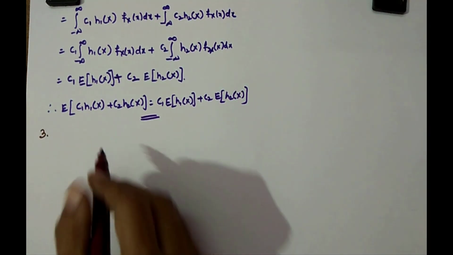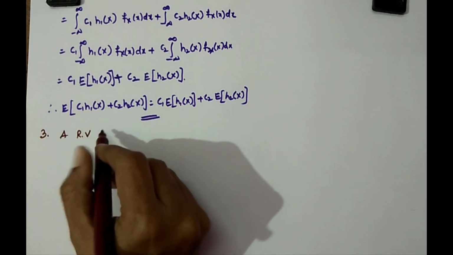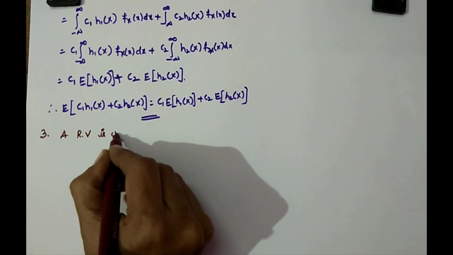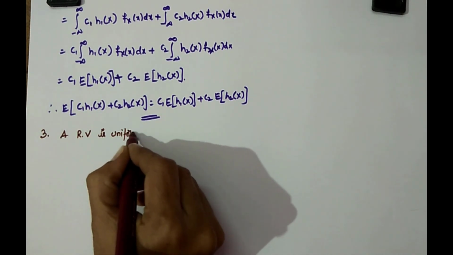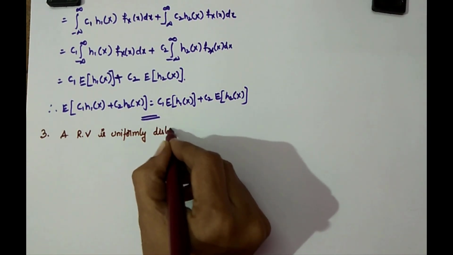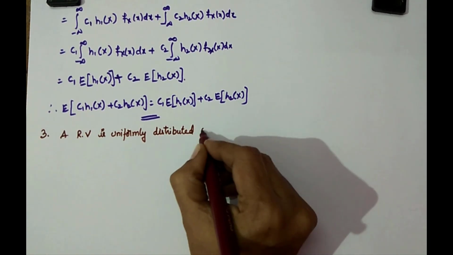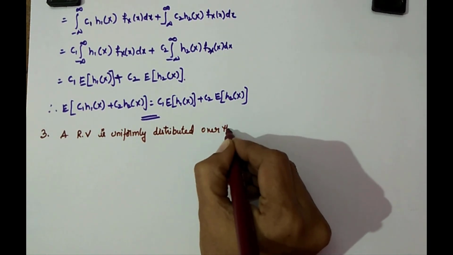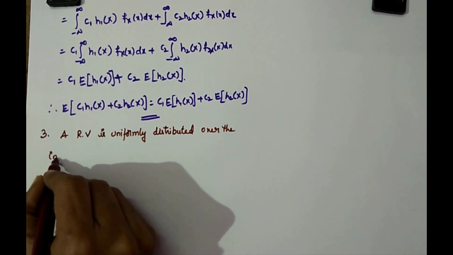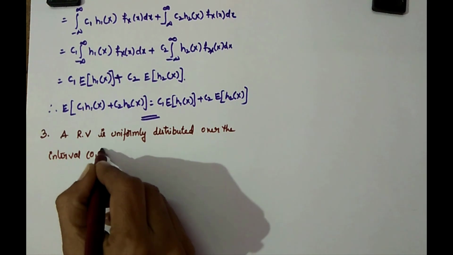The next question. A random variable is uniformly distributed over the interval 0, 1.